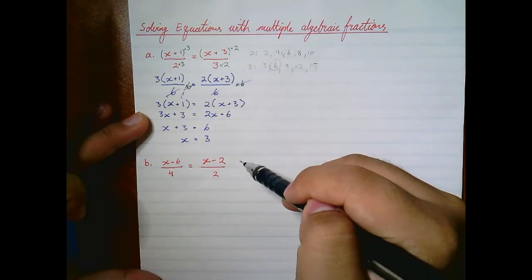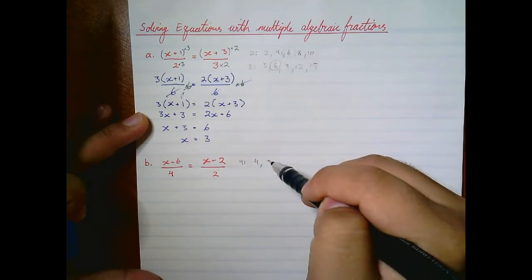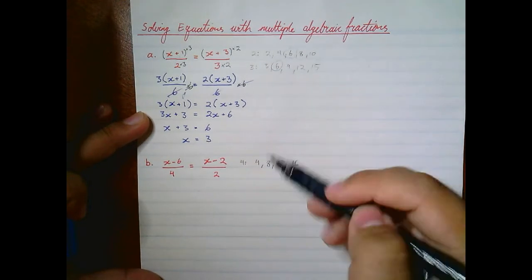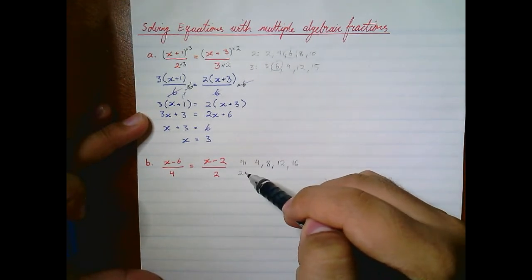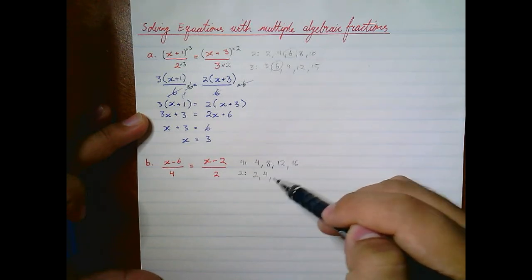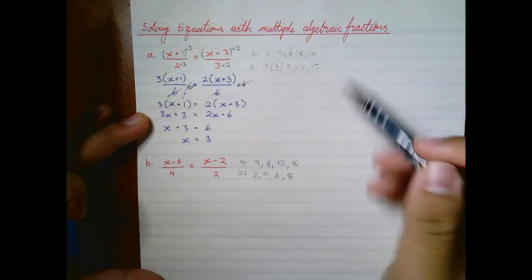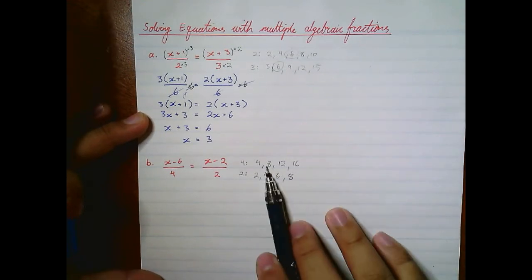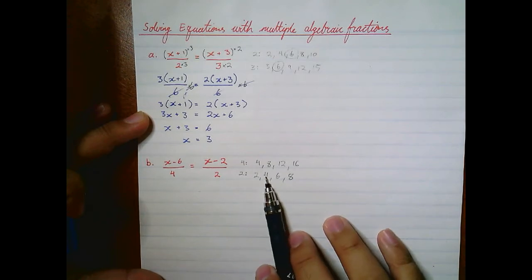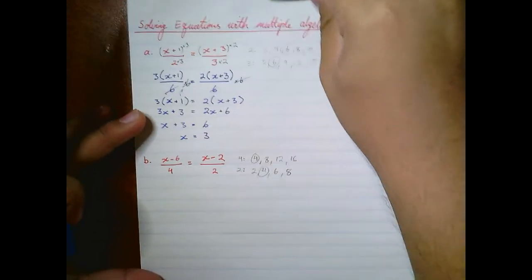So here are the multiples of 4: 4, 8, 12, 16. We'll just do the first 4. And for 2, we have 2, 4, 6, 8. We have a common multiple of 8 here, but we want the smallest one. So 4 is the smallest common multiple between both of these.